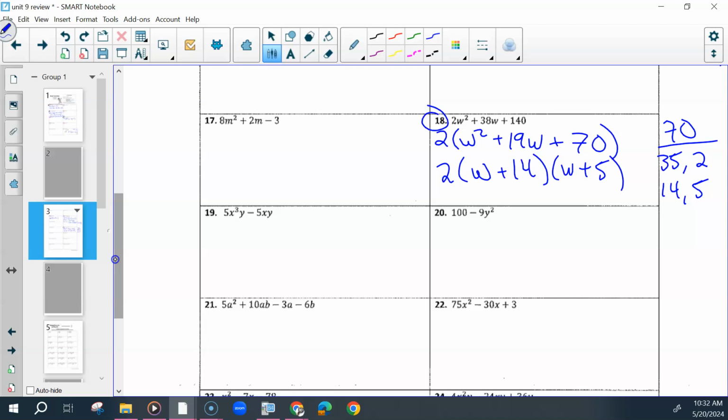Other factoring questions before we move on to dividing polynomials by binomials, by monomials? Yes. 20 and 24.